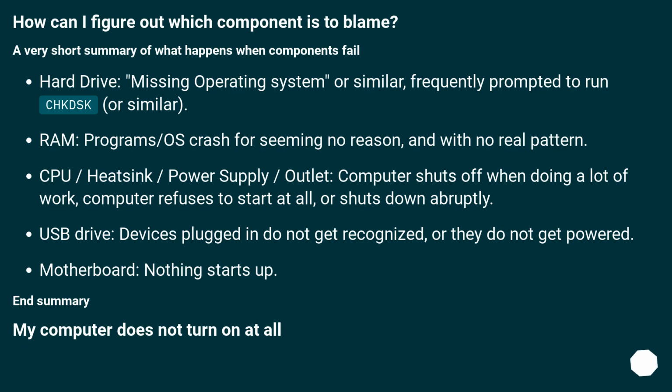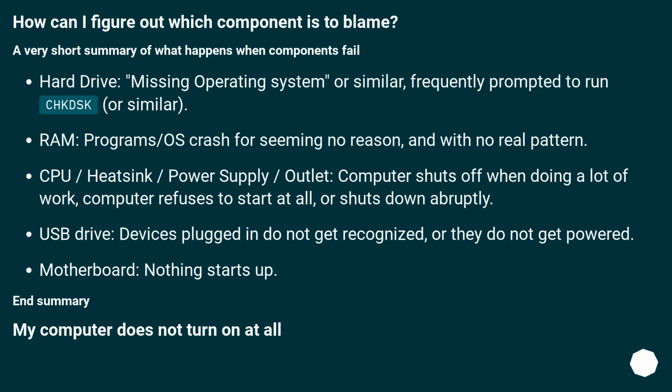How can I figure out which component is to blame? A very short summary of what happens when components fail. Hard drive: missing operating system or similar, frequently prompted to run chkdsk or similar. RAM: program or OS crash for seemingly no reason, and with no real pattern.